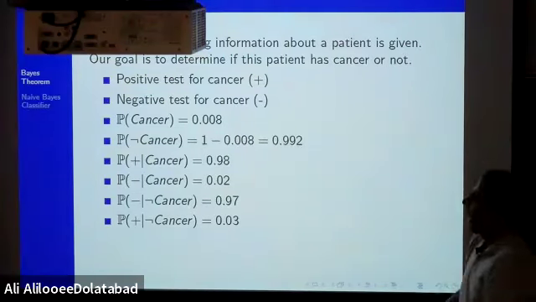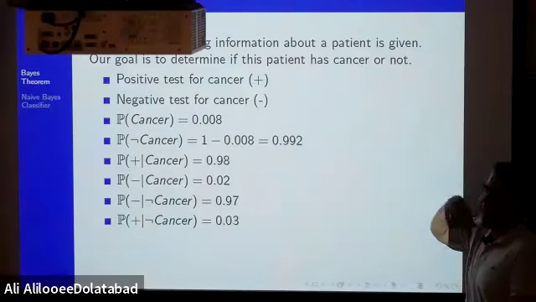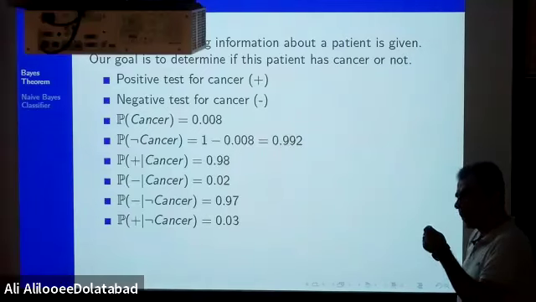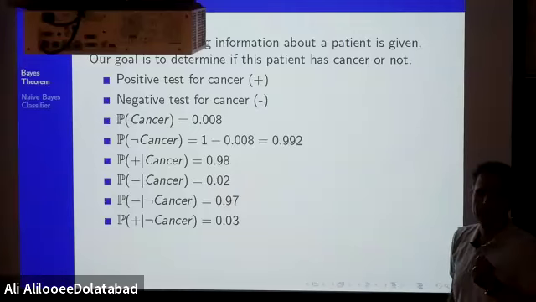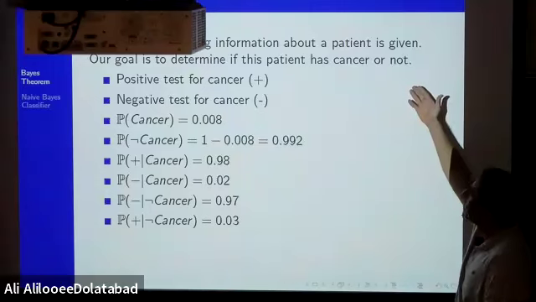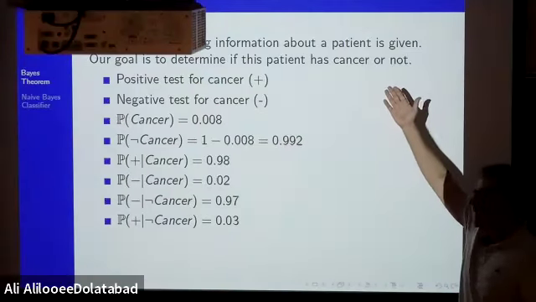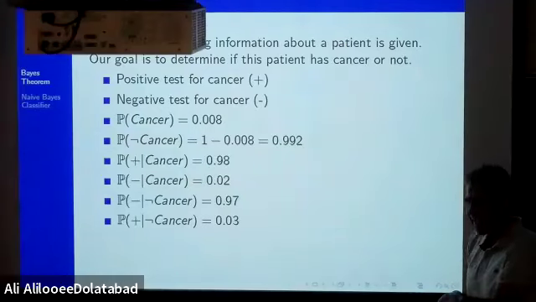Okay, so now I can explain the notation that we had in the previous slide. Do you remember what I told you? Our goal is to test hypotheses. What does it mean? A person comes for testing, and we want to know if this person has cancer or doesn't.